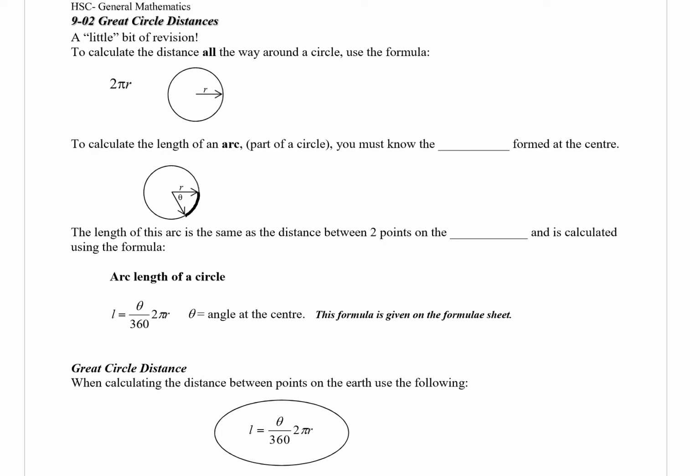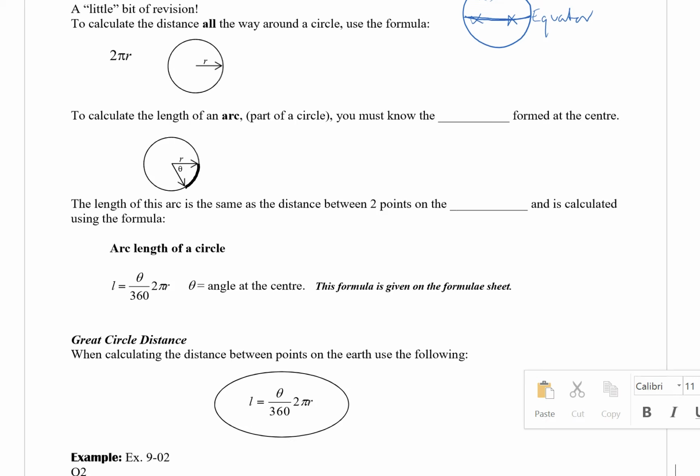So just to revise or recap, a great circle, the only one we have in this direction is the equator. So we can only find the distances between two places on the equator. If we were up here on a different latitude, we're not on a great circle, we can't use this formula.